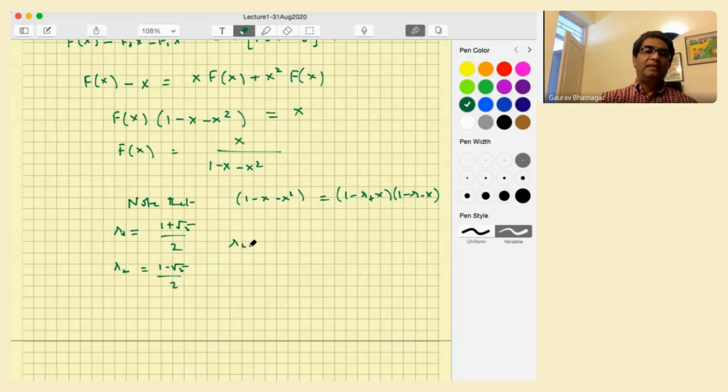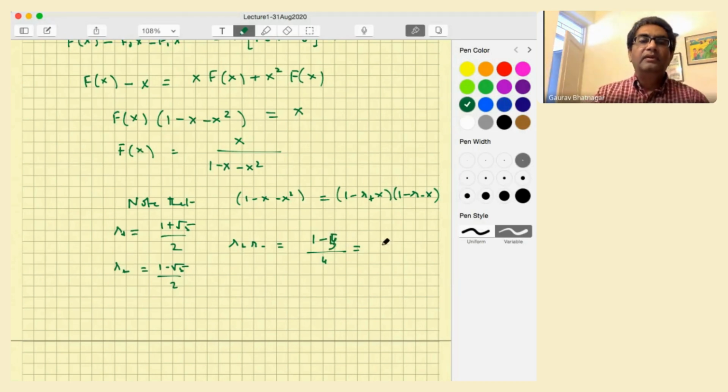So r plus times r minus, you multiply the two together, is 1 minus 5 over 4, which is equal to minus 1, which matches. The sum r plus plus r minus will be 1. So all these things match.